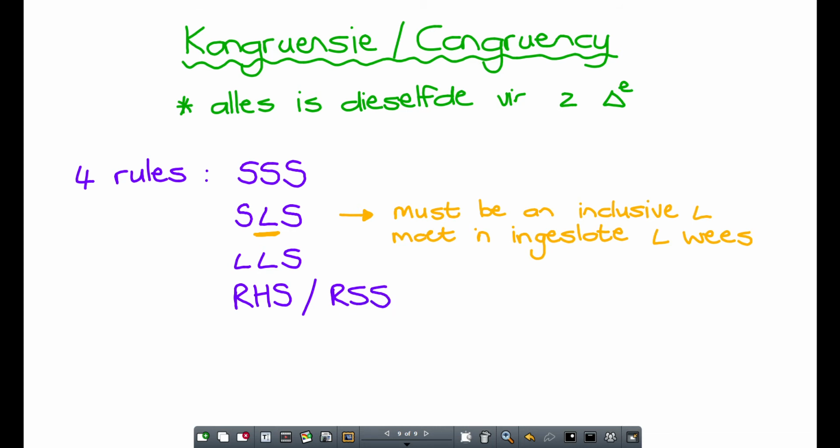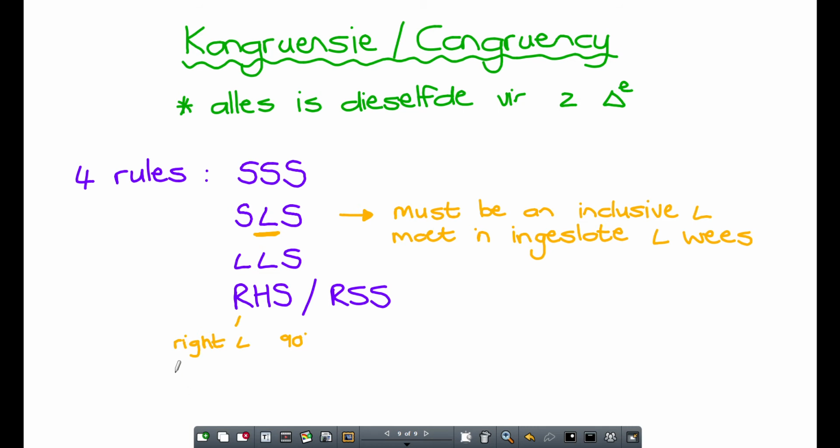Okay, so, English people, what does RHS mean? The R is for right angle. What is a right angle? What does that mean? It's a 90 degrees angle, no?